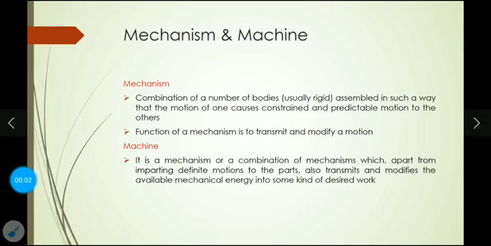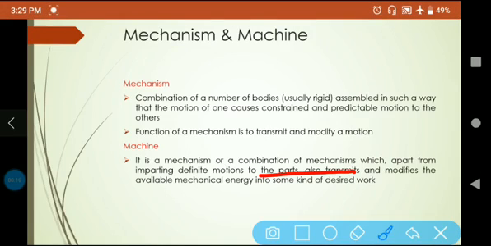Another term that is used is a machine. A machine is a mechanism or a combination of mechanisms which, apart from giving a definite motion to the parts, also transmits and modifies the available mechanical energy into some kind of useful work.